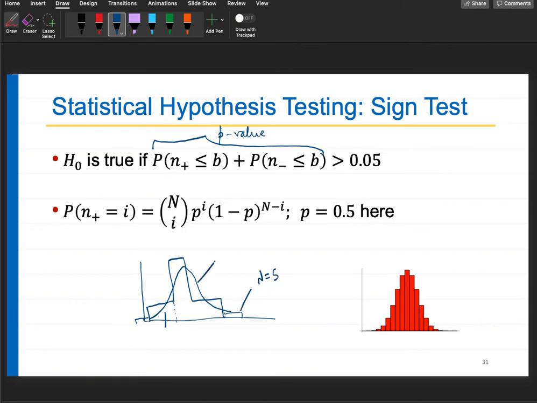In this case, capital N is, let's say, 500. This is finer because of sampling. Number of bins, yeah.